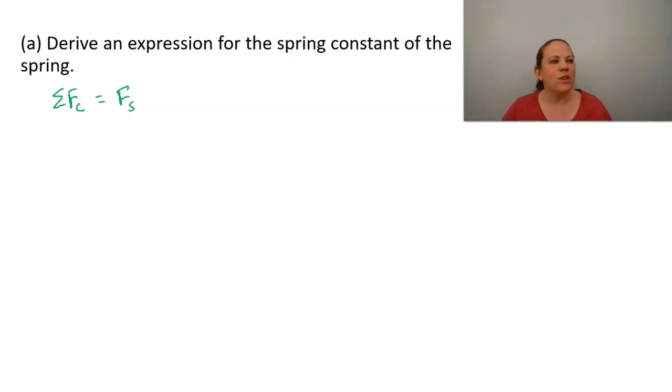And we will also need to remember that this will be equal to the mass of the block times its centripetal acceleration. And we need that because we're going to have to express everything in terms of r and omega, so our usual v squared divided by r isn't going to cut it.